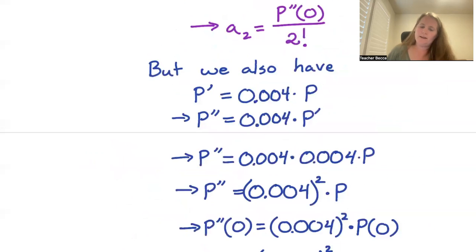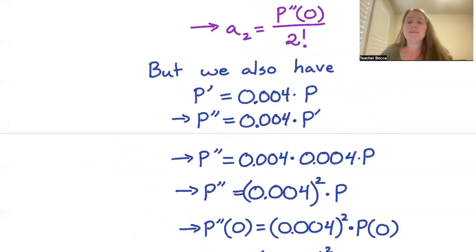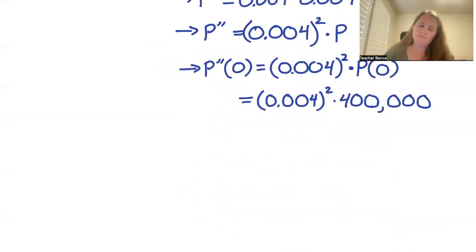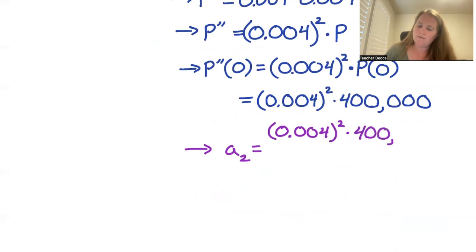So putting this together with the fact that a2 was the second derivative evaluated at 0 divided by 2 factorial, we get that a2 is equal to 0.004 squared times 400,000 all over 2 factorial.